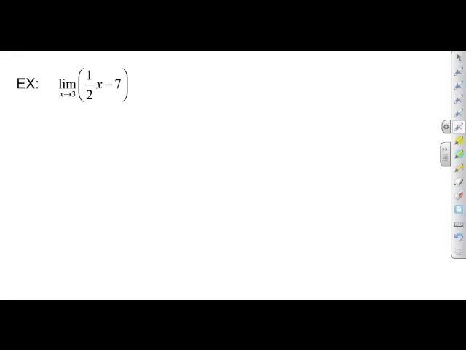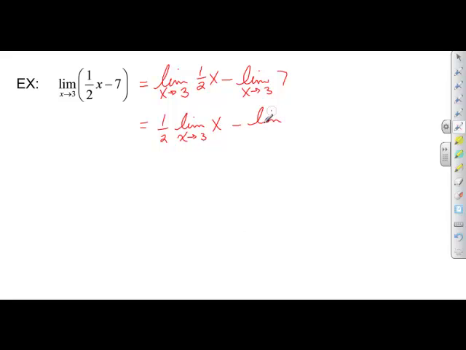So looking at this limit two different ways. If I apply the limit rules, the first thing I see is a difference. So I would break this down to be the limit as x approaches 3 of the term 1/2 x minus the limit as x approaches 3 of the term 7. Then my first limit has a constant, so I can pull the constant out in front and look at 1/2 times the limit as x approaches 3 of x, minus the other limit.